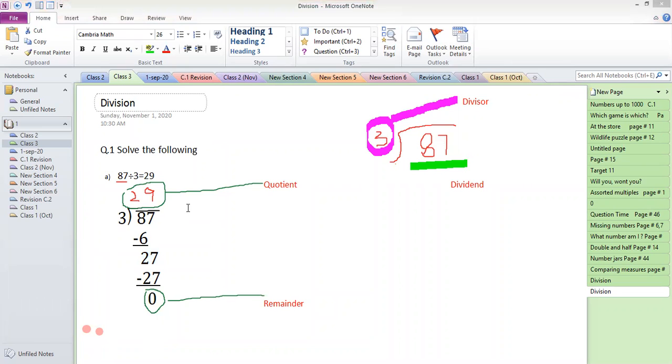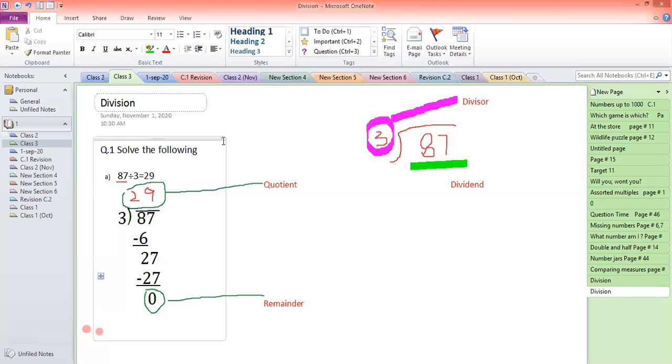Now I'm going to do one more question, and you have to solve it by yourself and tell me the answer. I'm going to ask one of you also.